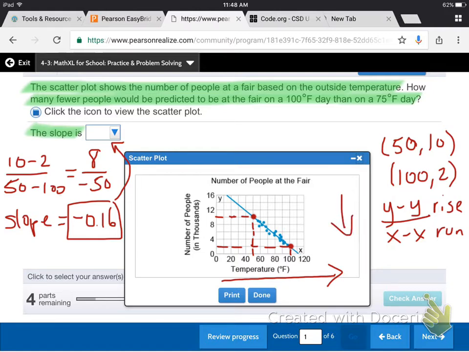You can see that the trend line is clearly negative. So the slope means that for every temperature degree increase, 0.16 thousand people, see it's in thousands, 0.16 thousand people fewer are going to come to the fair.